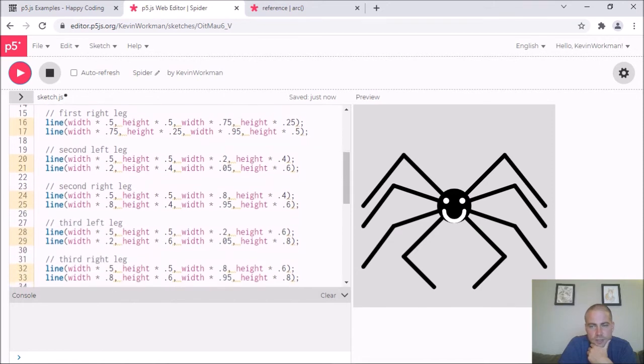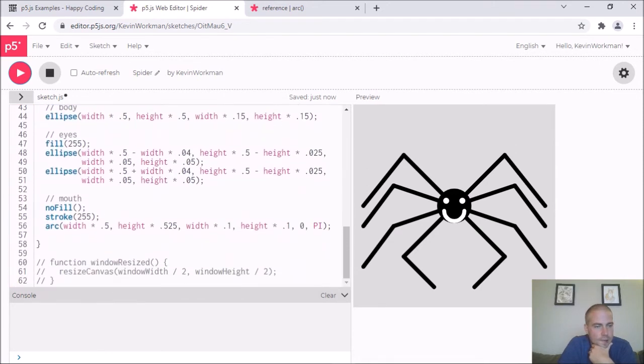And oh my goodness, that's getting creepy. But there you can kind of see my spider's mouth, and I think maybe my height is too much. Oh, now he's not quite so smiley.